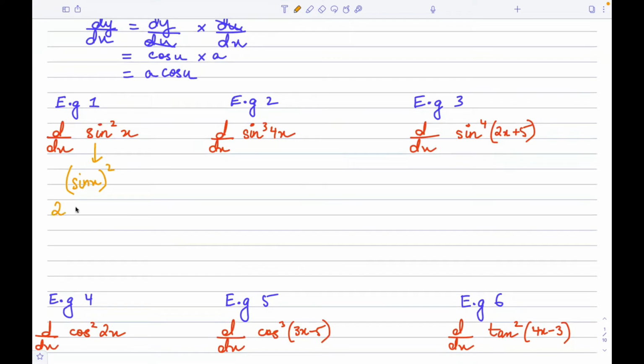So that will become 2 sine x, and we decrease the power by 1, so sine x will be to the power 1, and we multiply the whole function by the derivative of the function inside the bracket. The derivative of sine x is cos x. So the final answer will be 2 sine x cos x.